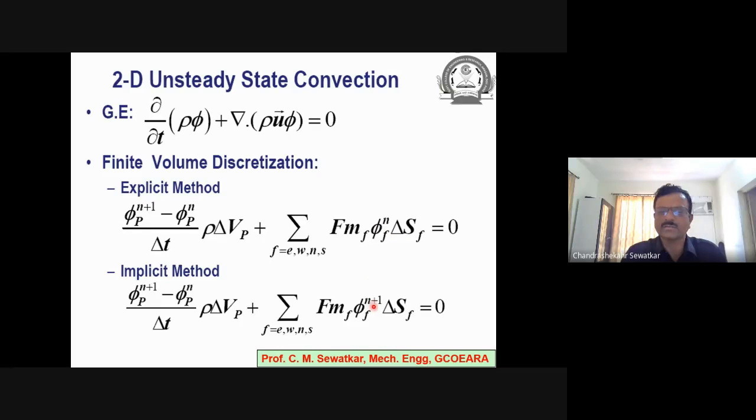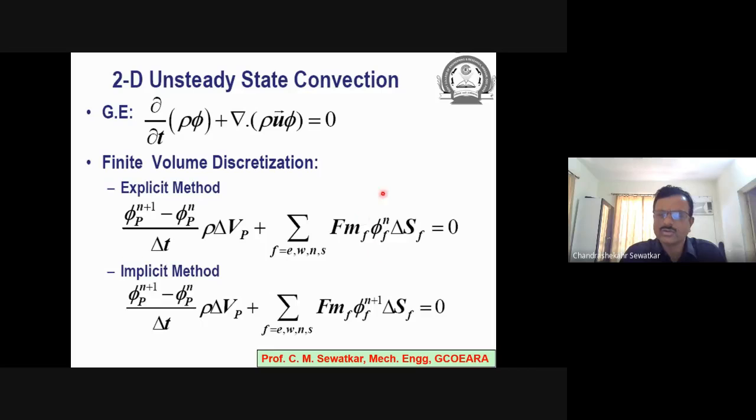If I write it at n+1 level, it becomes implicit. We have already seen what is explicit and implicit. So if I'm using an explicit method, then I need to calculate the value of a variable on the faces using current values.